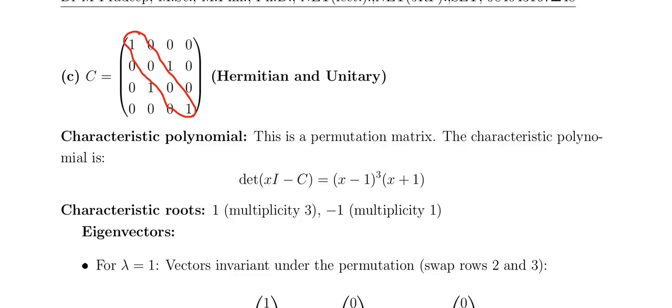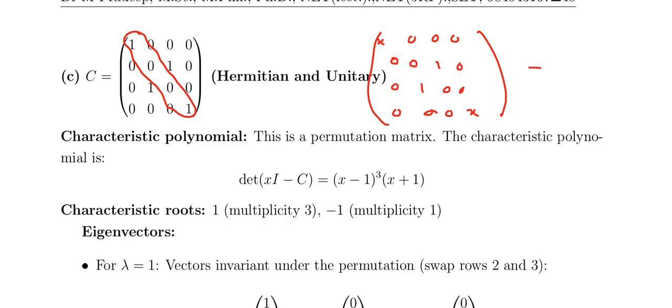So xI means that is x 0 0 0, 0 x 0 0, 0 0 x 0 and 0 0 0 x, okay, minus the C matrix 1 0 0 0, 0 0 1 0 and 0 1 0 0 and 0 0 0 1.